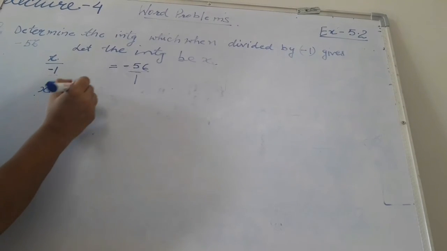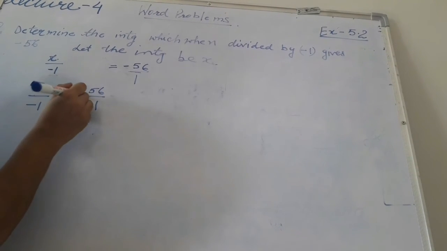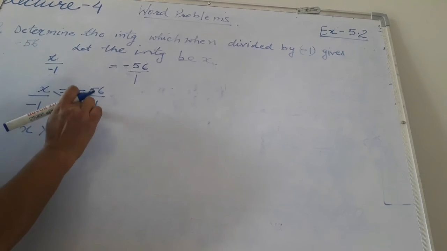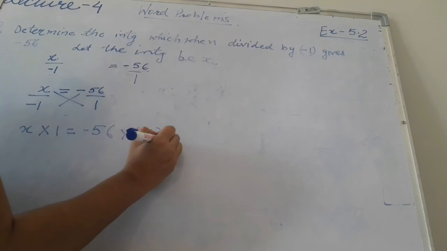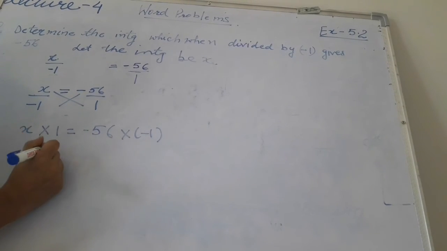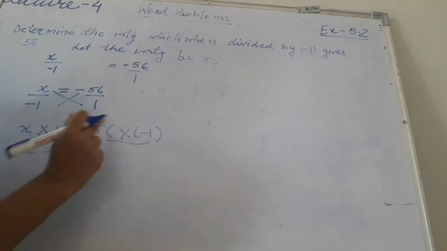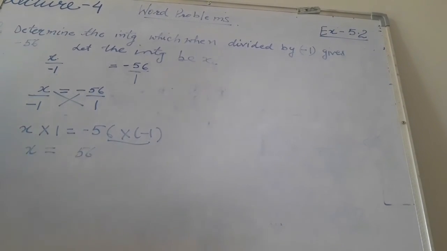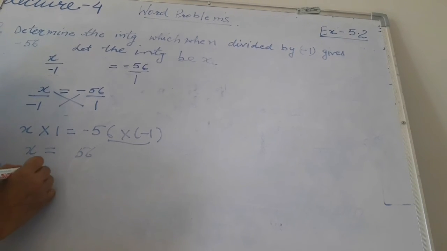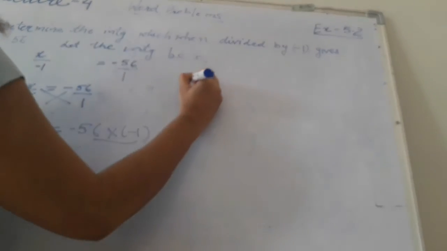That is, simply by doing the cross multiplication: x times 1 is x, 56 times 1 is 56, minus minus becomes plus, then we will not put the negative sign here, and you will get the value of the integer as 56.